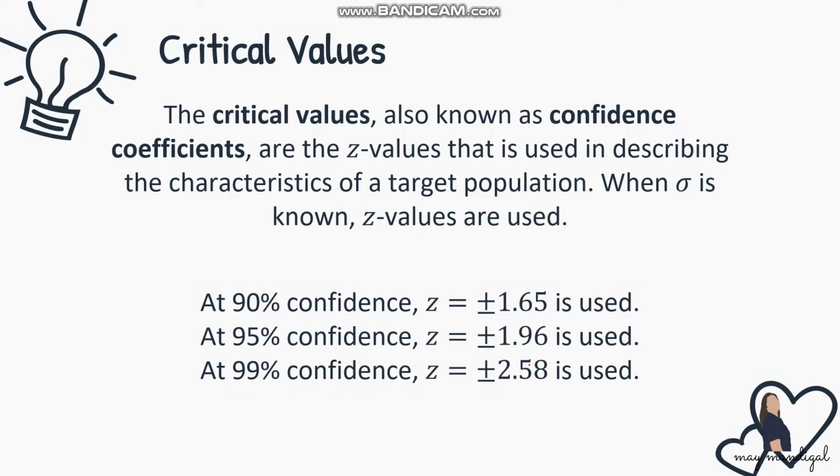Why? Because the higher the level of confidence is, the larger our range will be. And if there are a lot of numbers present within our range of values, or the interval estimate, then the accuracy will be affected, because again, there are a lot of numbers.